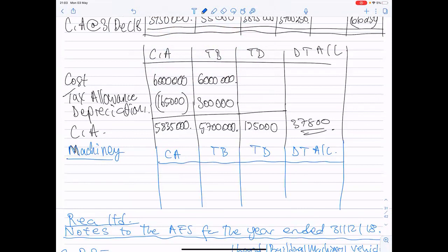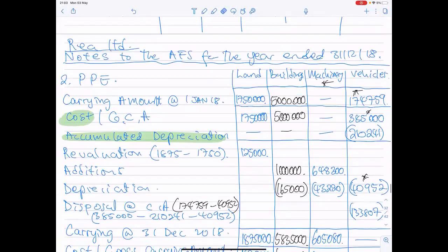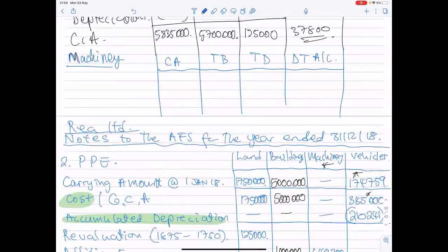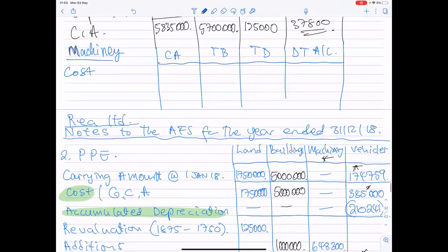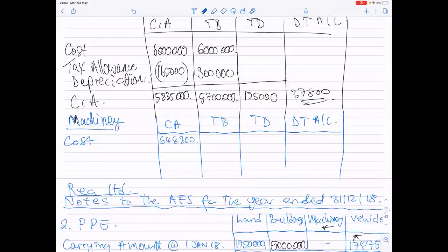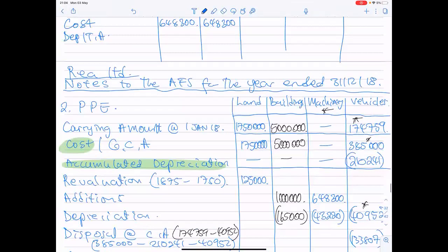Let's just start with the cost. My cost of the machinery is 648,300. Tax base, they said they will allow everything. Then our depreciation for the machinery, we've done it: 43,220.